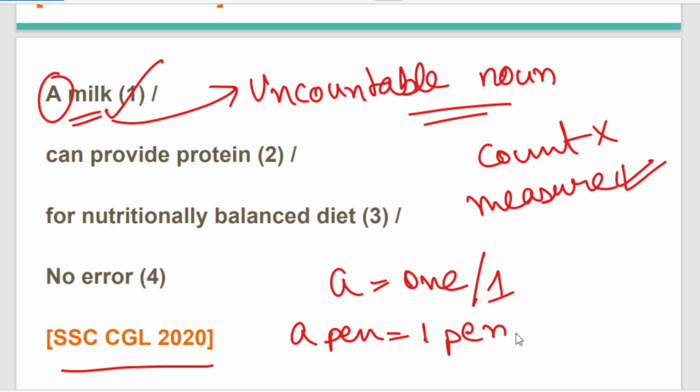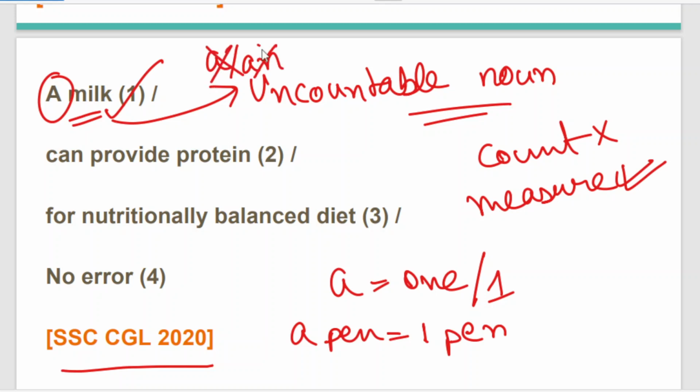But if we say give me one milk, can we mean giving one milk? Give me a milk means giving one milk. How can we use one or "a" for an uncountable noun? It's not possible because we cannot count it, right students? So according to the rules of articles, we can never put an indefinite article before an uncountable noun.